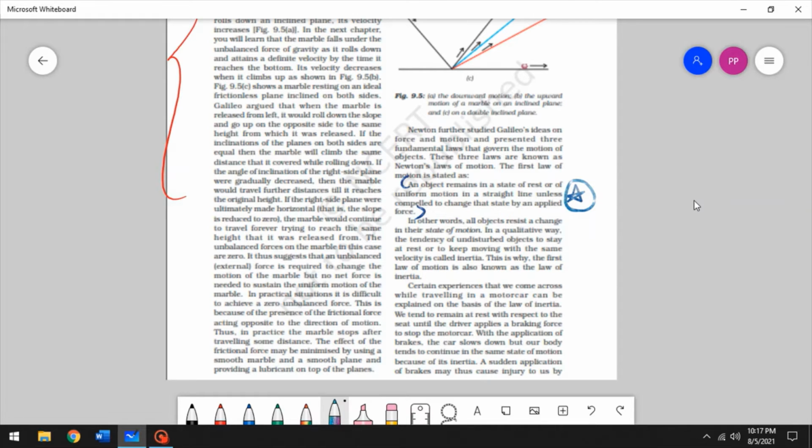If an object is at rest, it will remain at rest, and if an object is in motion, it will remain in motion unless under the influence of an external unbalanced force. So unless an unbalanced force is applied, an object at rest will remain at rest and an object in motion will continue in its direction of motion. That is the first law.